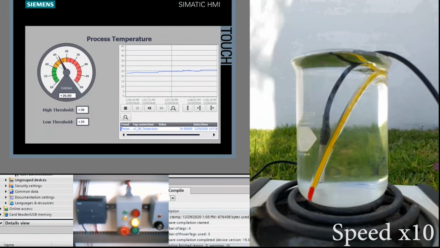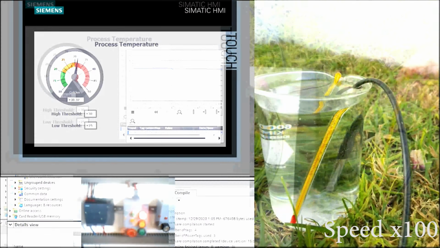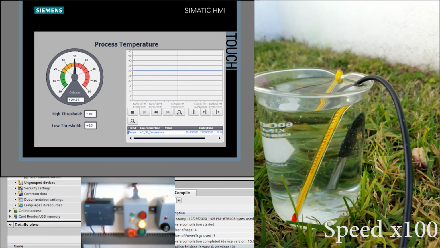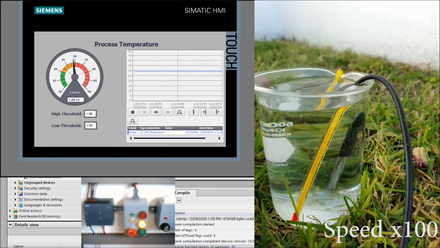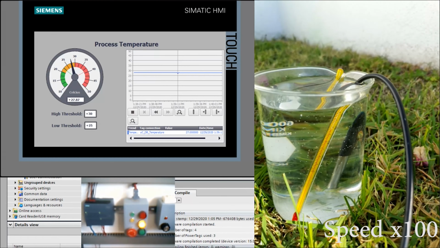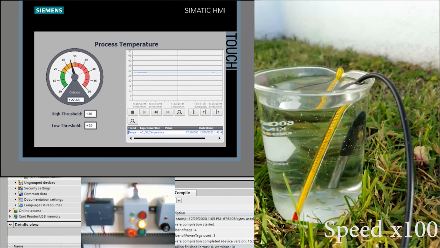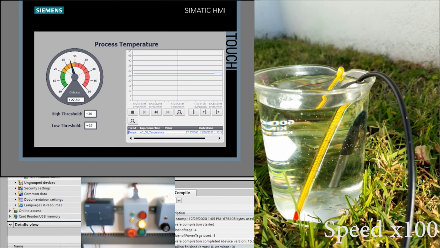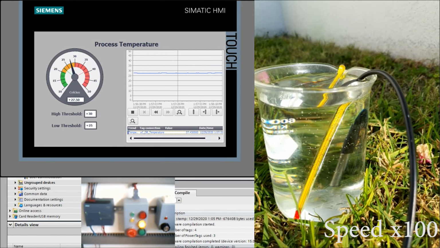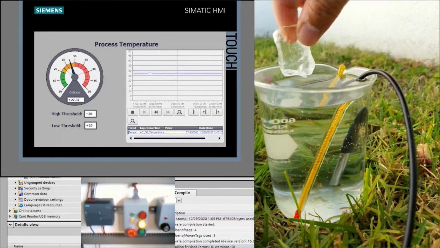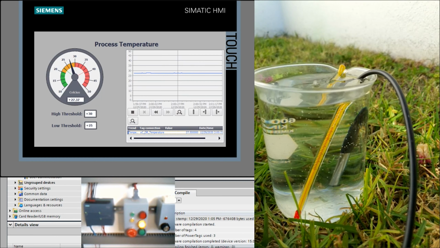We're going to heat the water and we're going to let it cool. Since I was running out of battery, I needed to introduce some ice cubes to get the temperature low.